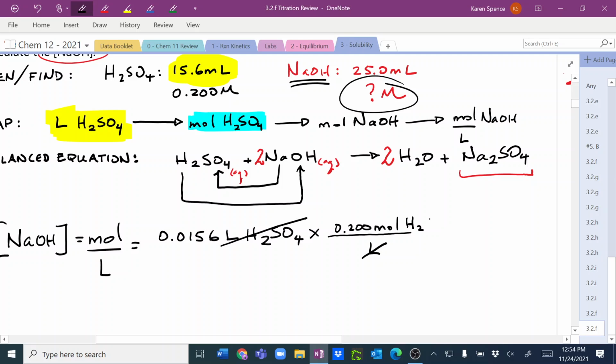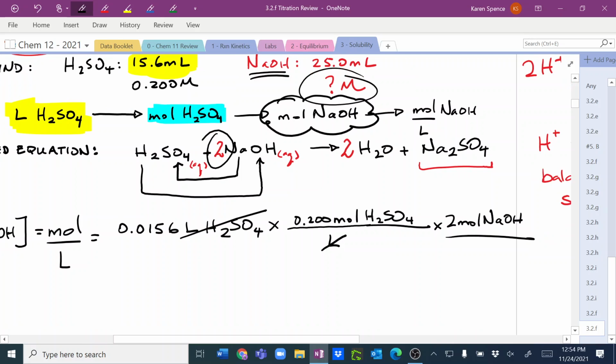We don't want H2SO4 though, we want to go to our next substance, which is the NaOH. How do we go from moles of substance 1 to moles of substance 2? Mole ratio. There are 2 moles NaOH for every 1 mole of H2SO4. Can I backtrack because I'm running out of room here?